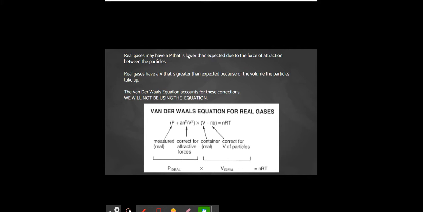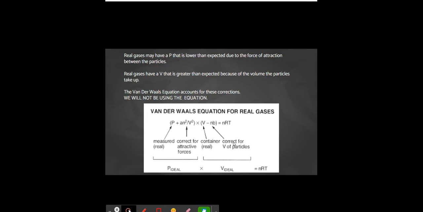The lower than expected pressure, we have to add a correction value to that. Also, real gases have a volume that is greater than expected because we now have to worry about the volume of the particles because there's so little space in between them. And so you'll see, since the volume will be greater than expected, we're subtracting a correction from the volume.